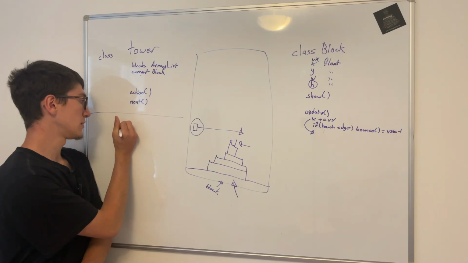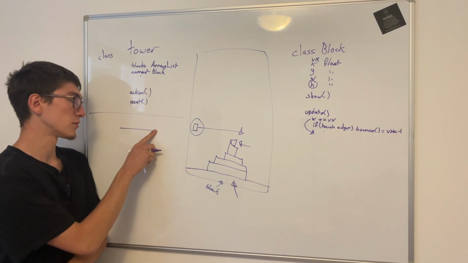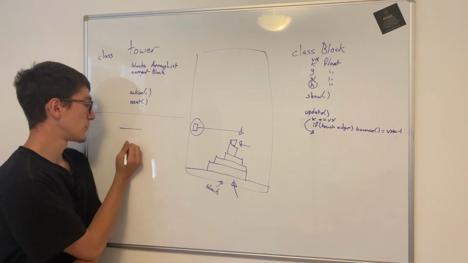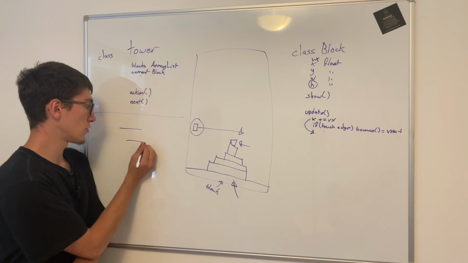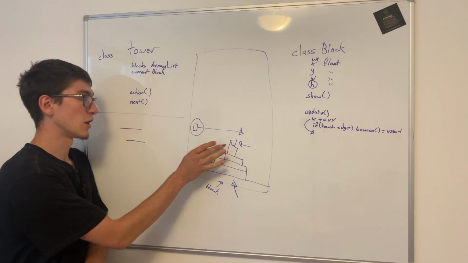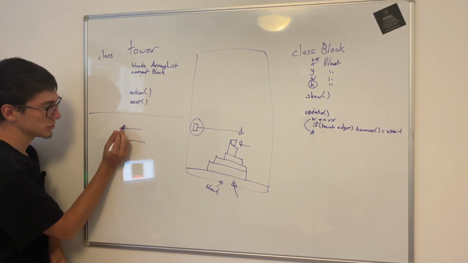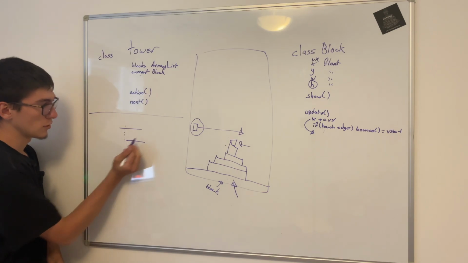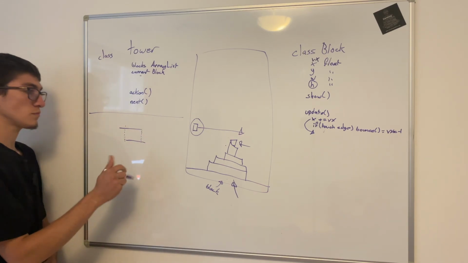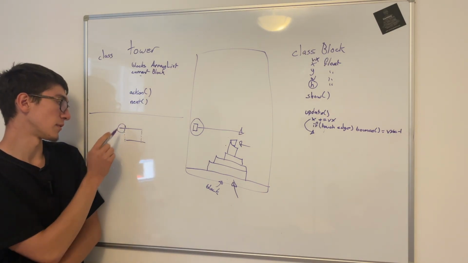So this is our current block, the one that is moving, let's make it a bit smaller maybe. And this is the latest block in the list of blocks. In this case, the only section that should get cut is this one.